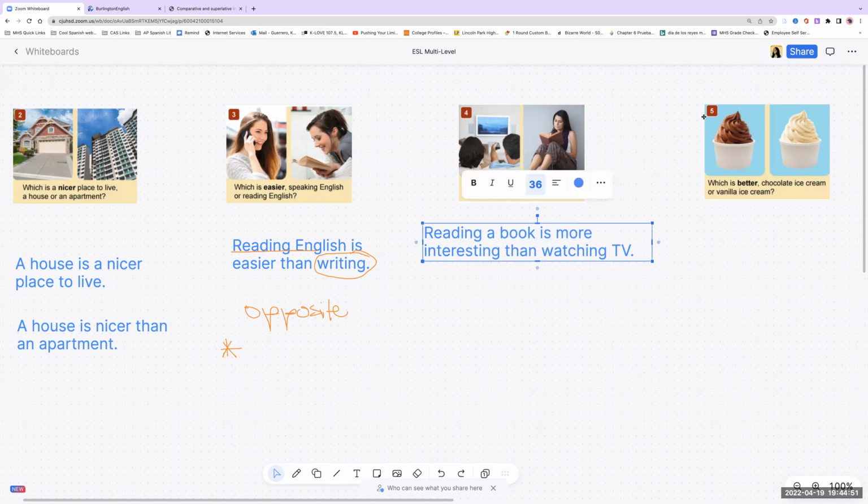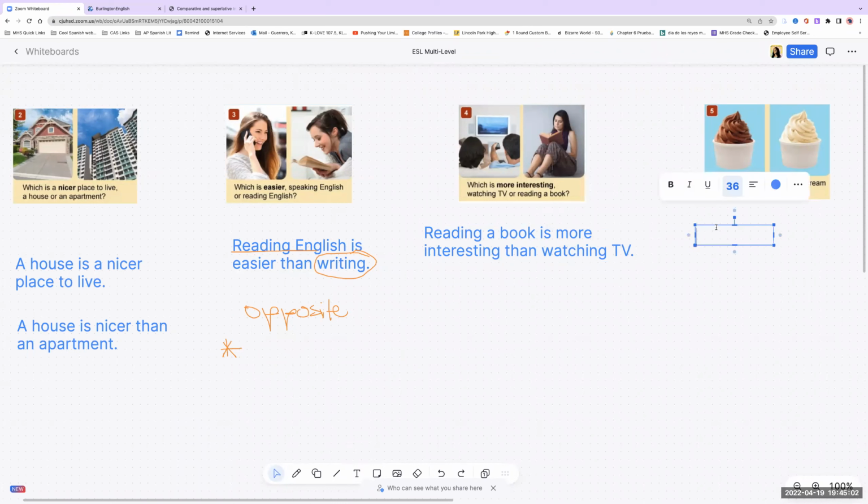And lastly, number 5, we have 2 different flavors. Which is better, chocolate ice cream or vanilla ice cream? And my response is going to be chocolate ice cream.